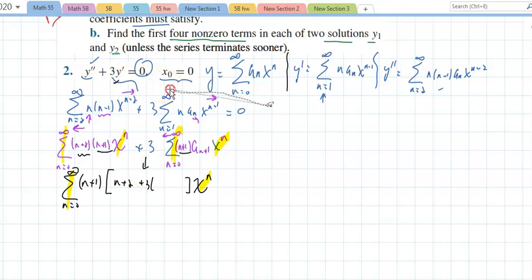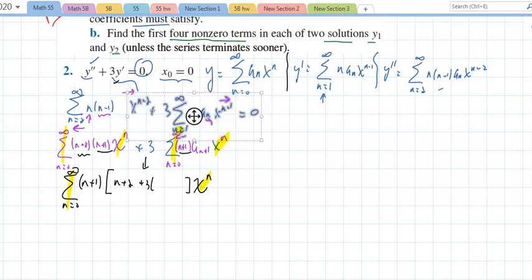I have plenty of space. I left out, in the second derivative, I left out a sub n.